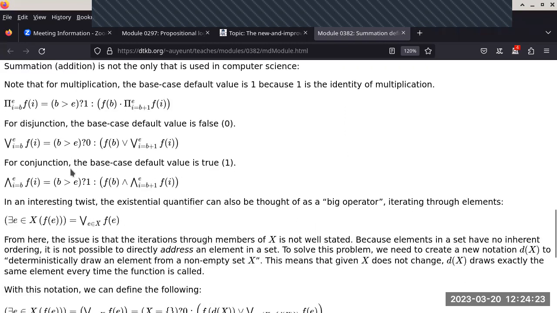So for disjunction, you can look at disjunction as a big operator too. In this case, we have the disjunction of f of I, where I starts with b, ending with e. When b is greater than e, we return the identity of disjunction, which I talked about a little bit ago, because it doesn't matter what your Boolean value is.